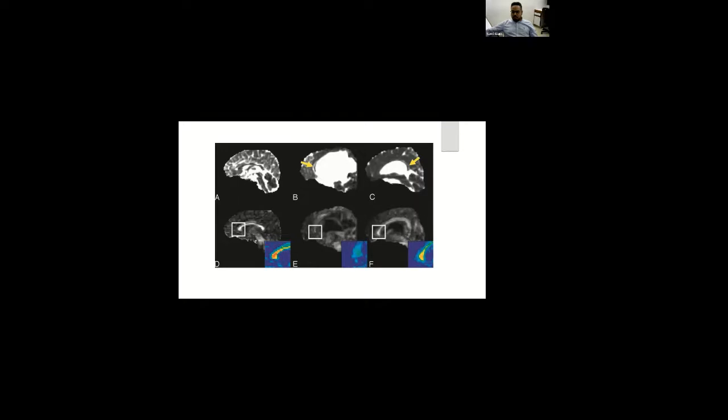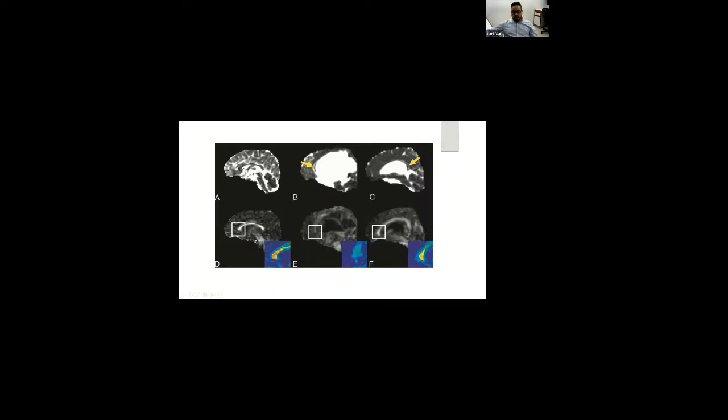So these are mid-sagittal views of 3 patients shown in the figure, which on top again are the ADC sequences, and at the bottom are the fractional anisotropy images. It's showing the genu, the body and the splenium of the corpus callosum.